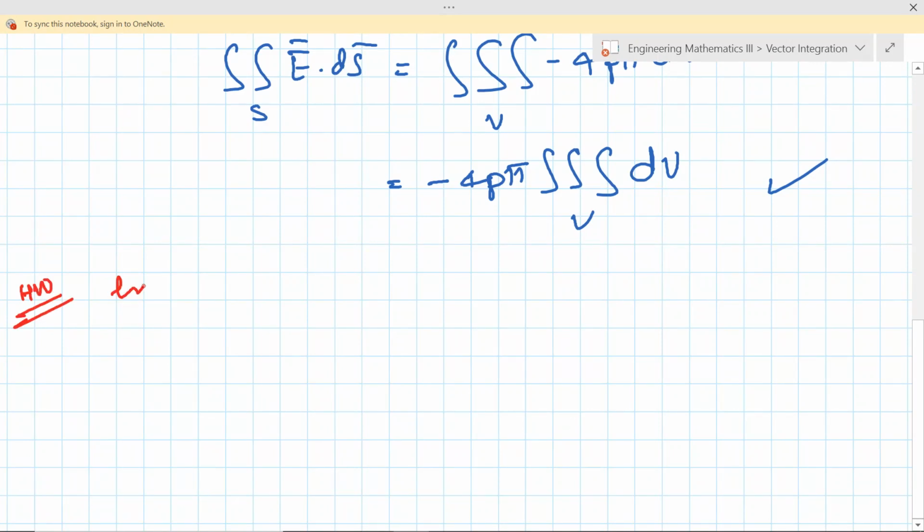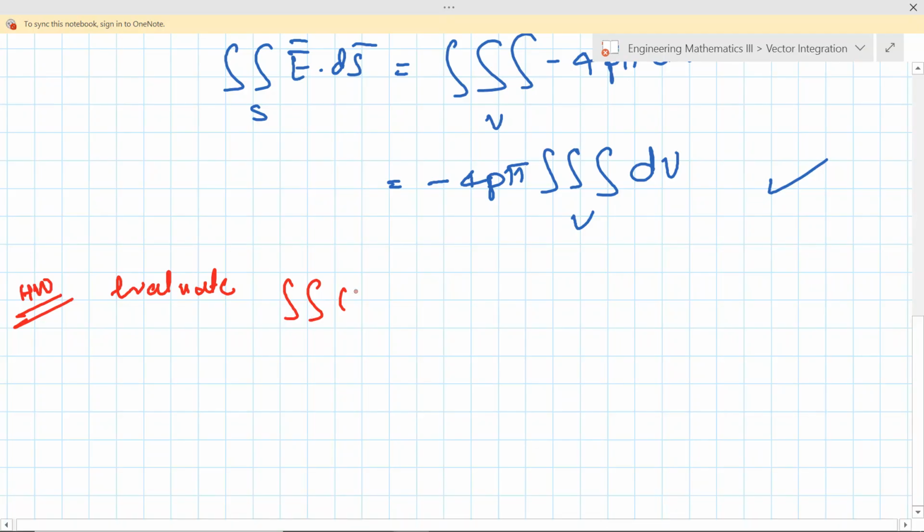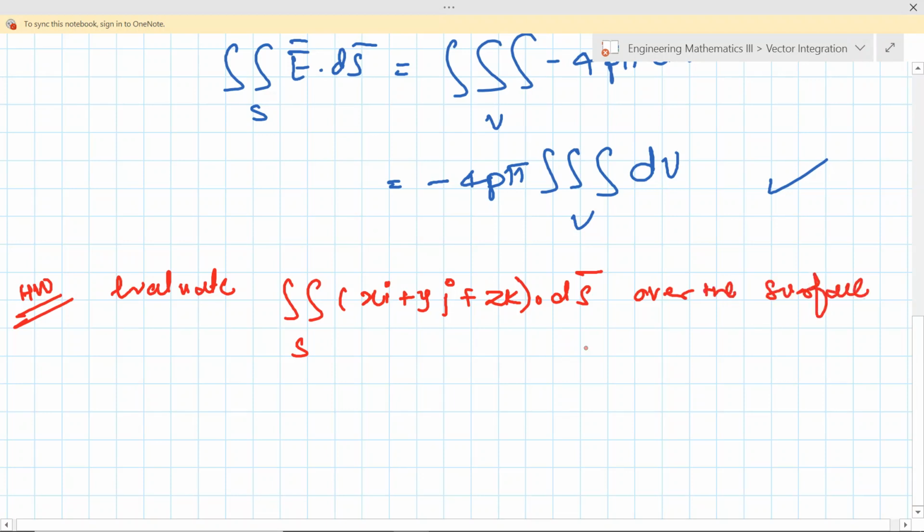So evaluate the surface integration of xi plus yj plus zk dot ds bar over s, over the surface of the sphere x square plus y square plus z square is equal to 1.